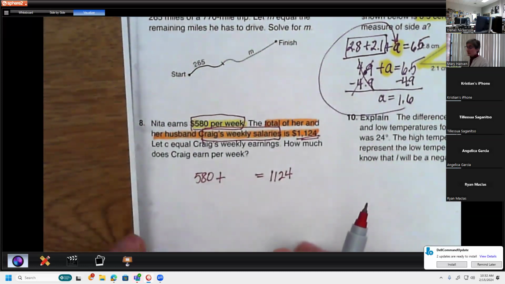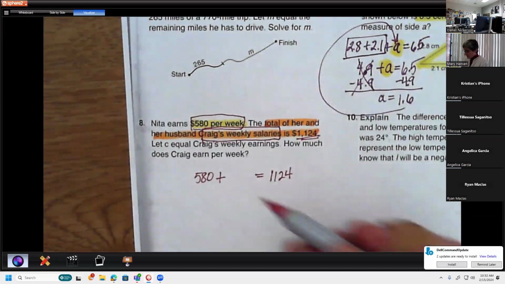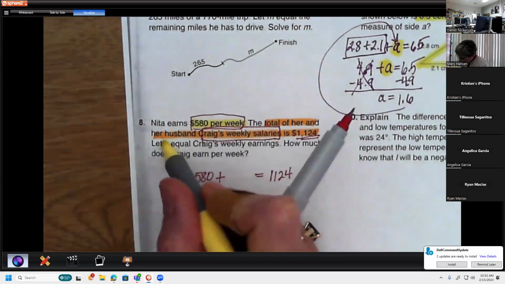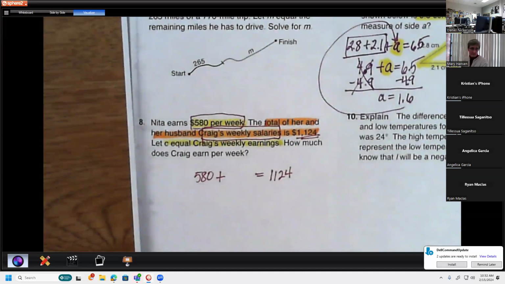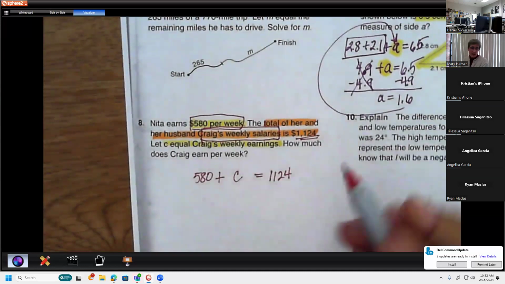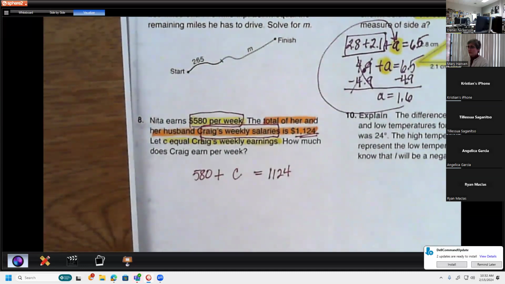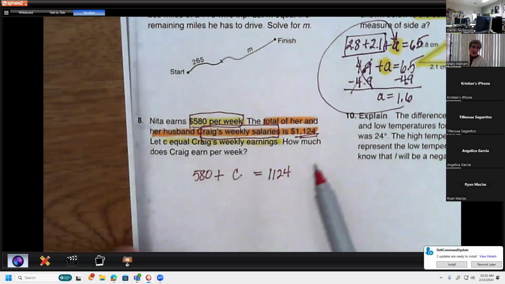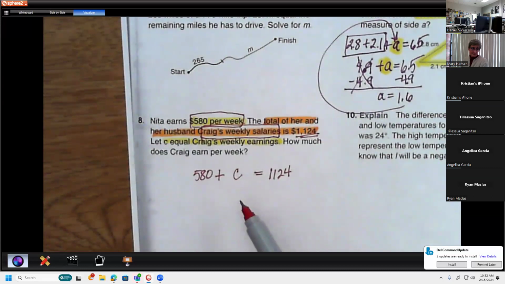We don't know how much his salary is, but it suggests that we use the letter C to represent it. And so her salary plus his salary is $1,124. And so that's turning a real life situation into an algebra problem. We are adding those two things.